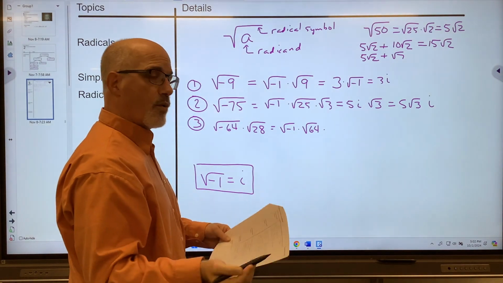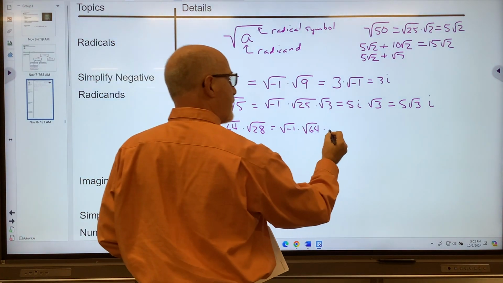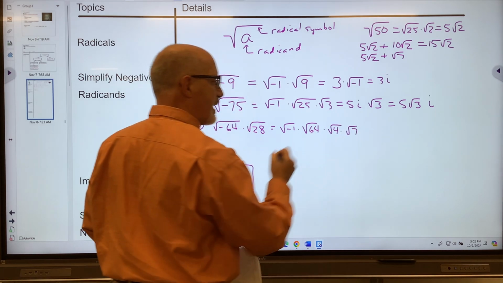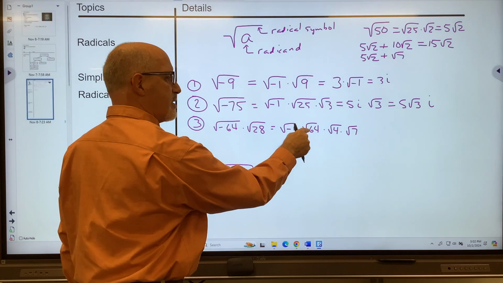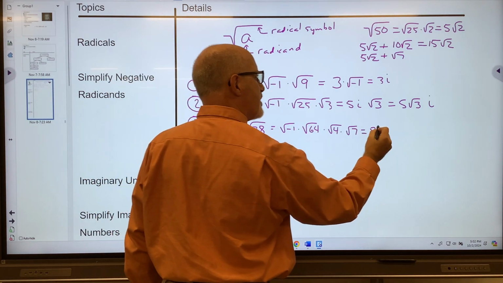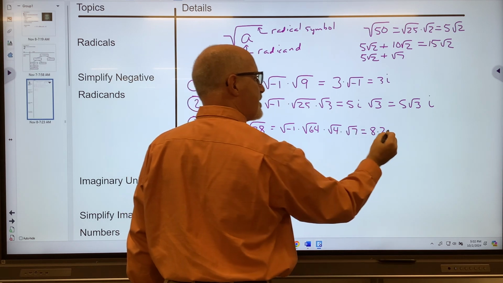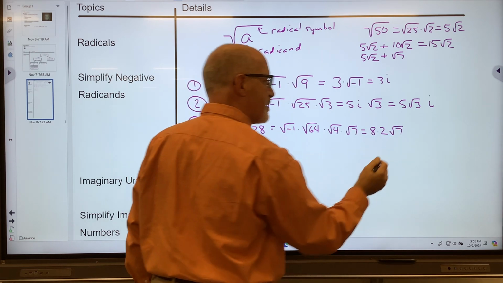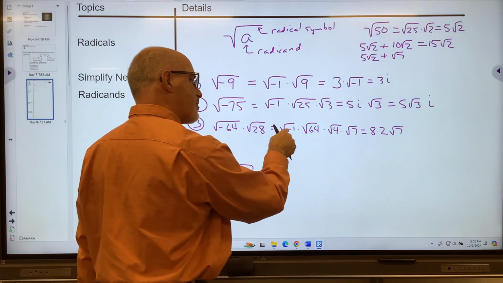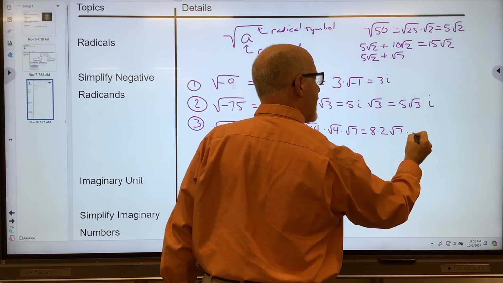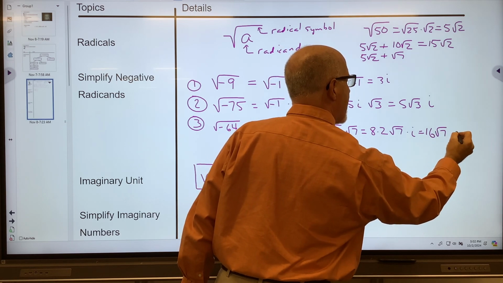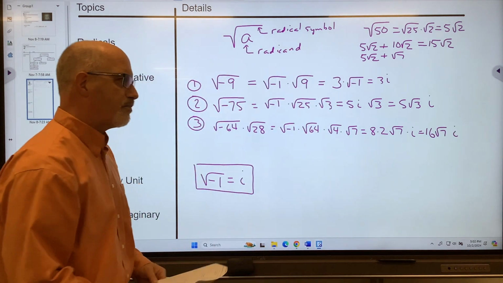Well, 28 is 4 times 7. 4 is a perfect square, so I'm going to make it into a radical times the square root of 7, which I can't get out. Square root of 64 is equal to 8. Square root of 4 is equal to 2. Square root of 7, I can't do anything with it because it's not a perfect square, so it stays trapped under the radical. But then the square root of negative 1, I make into an i. So I get 16 square roots of 7, i as my answer.